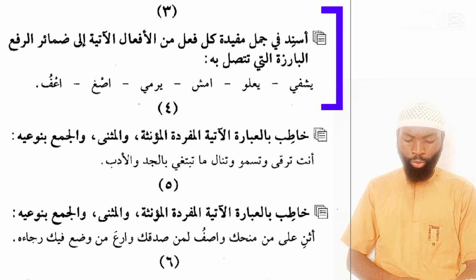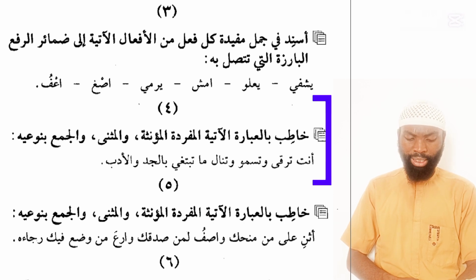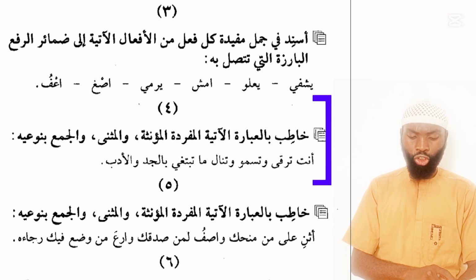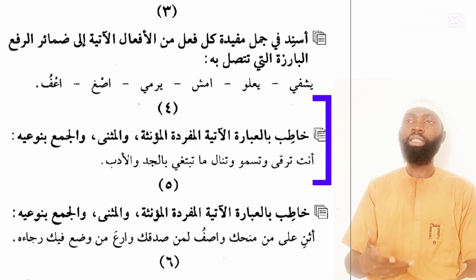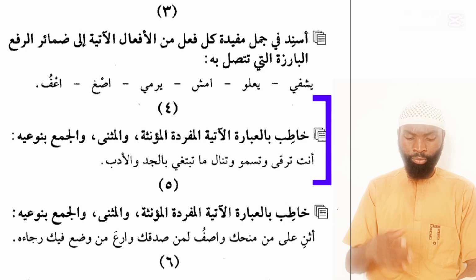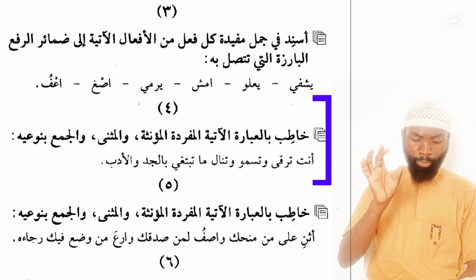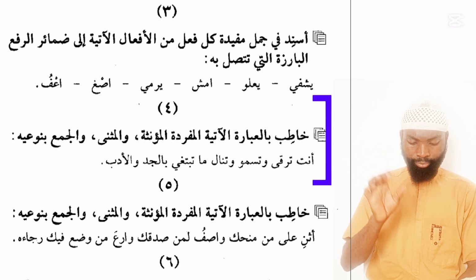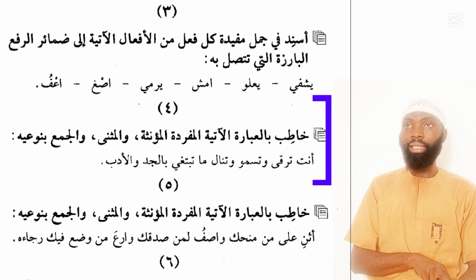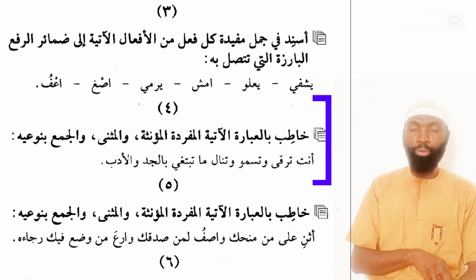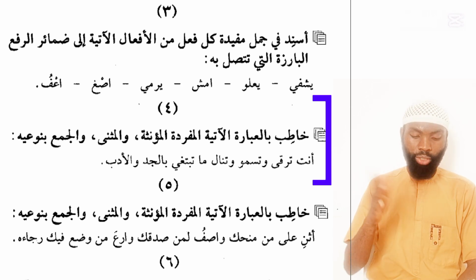Exercise number 4, we have khatib bil-ibaratil-ati al-mufrad al-mu'annatha wal-muthanna wal-jam'a bi-naw'ayhi. This expression you are to use, so you have to change the expression to talk to the second person female, al-mu'annatha, and dual and plural in both masculine and feminine.